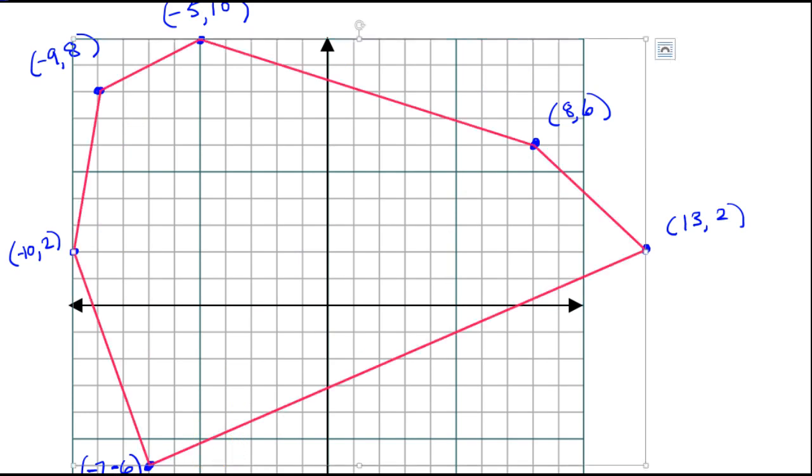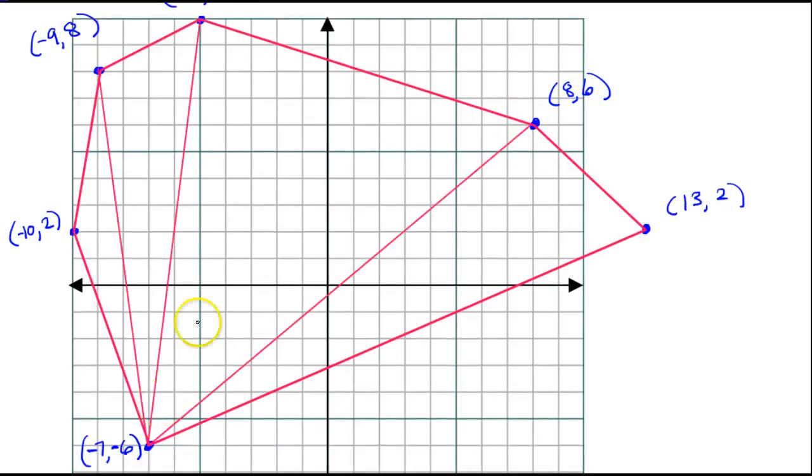So now I'm going to pick a single vertex, and I'm going to start drawing diagonals to divide the polygon into triangles. Okay, so here I've divided the polygon up into triangles.